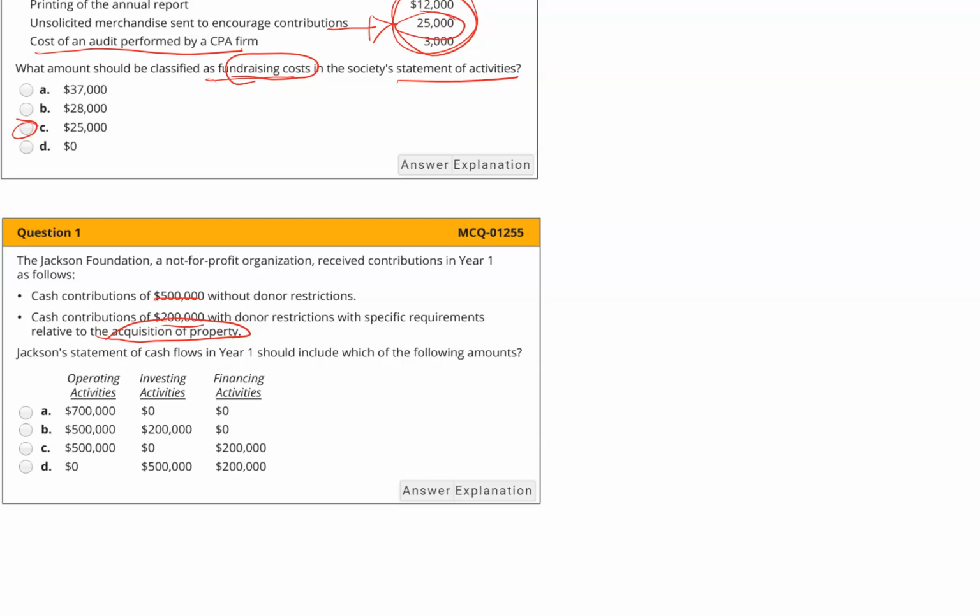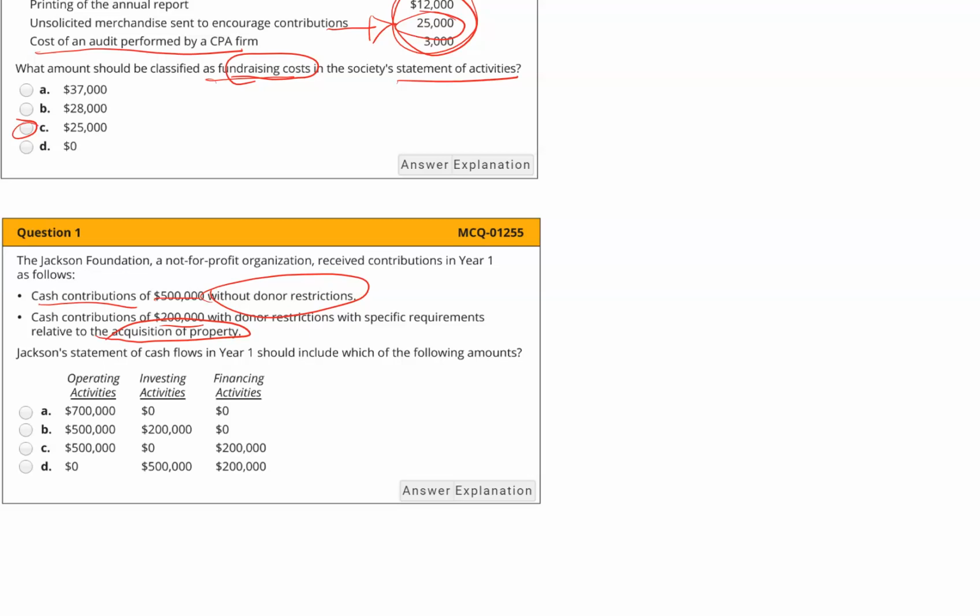Now, this question is related to the statement of cash flows, how you are going to categorize it. When you receive any cash contribution without donor restrictions, it will be under your operating activities. Now remember, if you receive any cash contribution with donor restrictions, it will be under your financing activities.